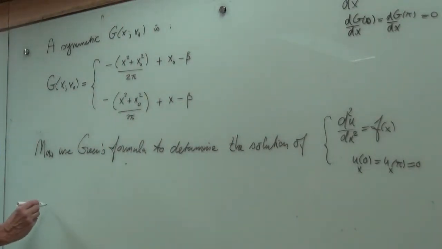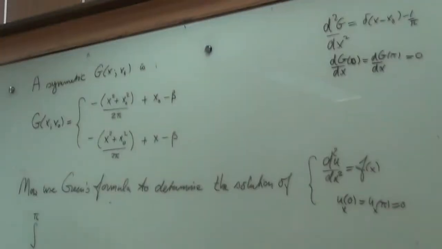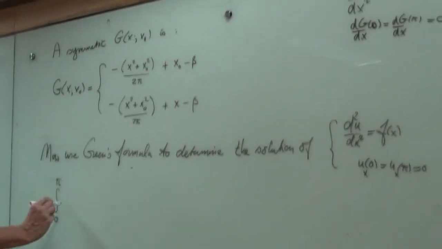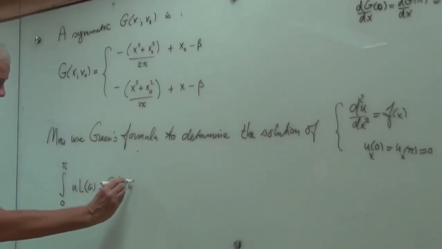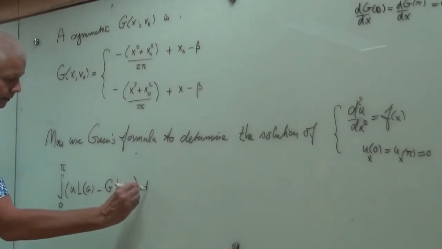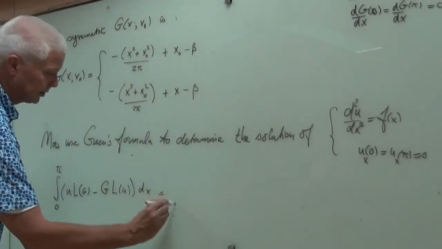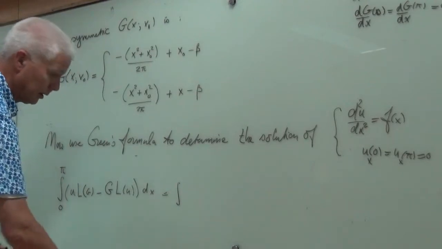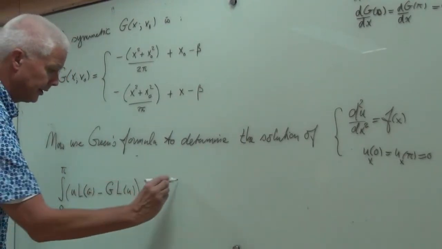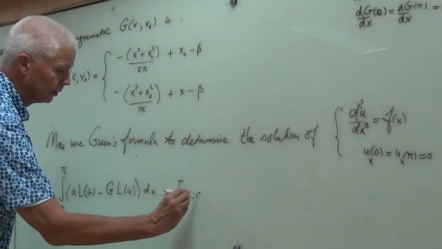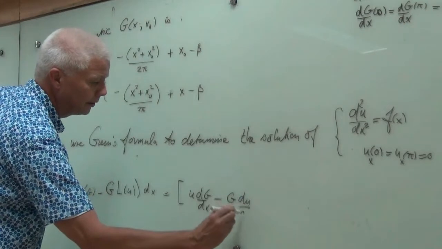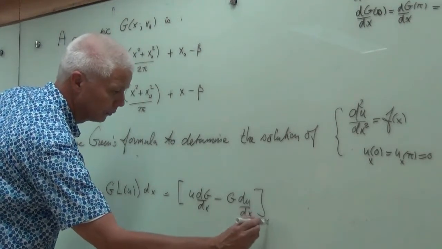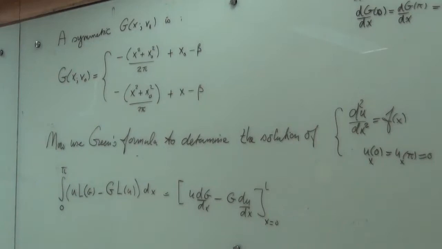And what was Green's formula? Well, that was the formula, the integral in this case from 0 to pi, because that's the length of my interval, of u Lg minus g Lu dx, and that's equal to, in this case, the boundary terms u dg dx minus g du dx on the boundary from x0 to L. Yeah, that's the formula of Green.